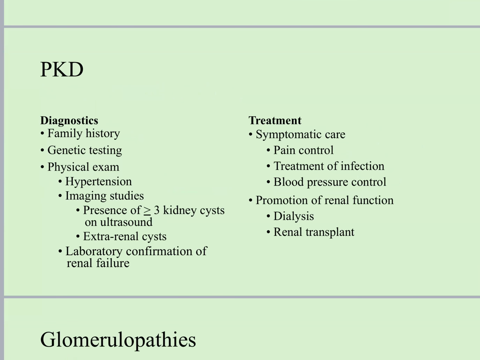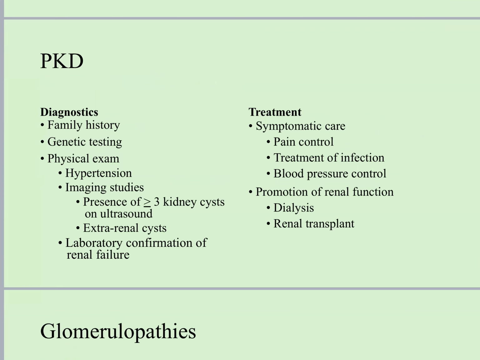So, the diagnostics for PKD, we want to get a good family history. We might want to do genetic testing. So if this is something that is concerning to parents, they might want to get genetic testing prior to conception. Physical exam, look for hypertension, and look for the presence of kidney cysts on ultrasound.